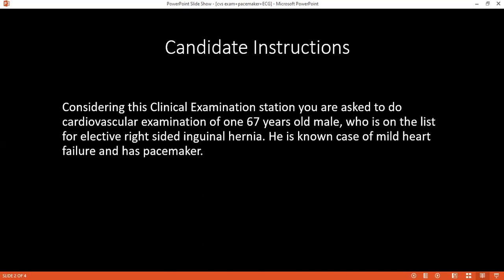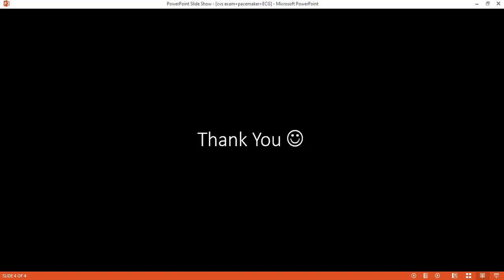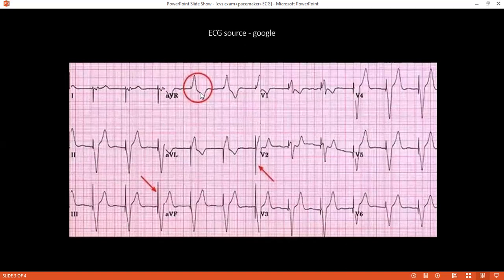If you do the ECG of this patient, what do you expect to see? Can you identify these red circles, please? Can you read the ECG for me, please?